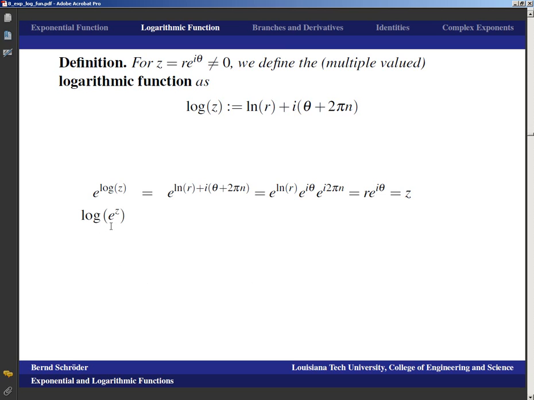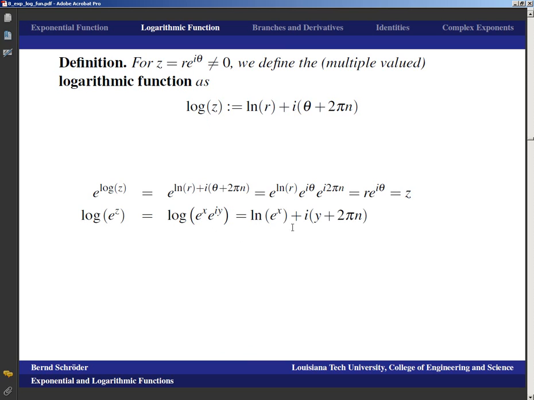However, if we stick an exponential into the logarithm function, well, now we're sticking one value into something that returns infinitely many values. So we're going to get infinitely many values out of this. And we can see here, this is the logarithm of e to the x, e to the iy. Remember, standard idea, z is x plus iy. Well, then we take the logarithm of that as specified up here.